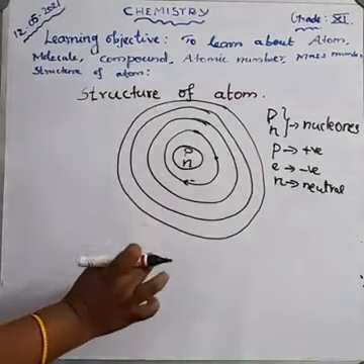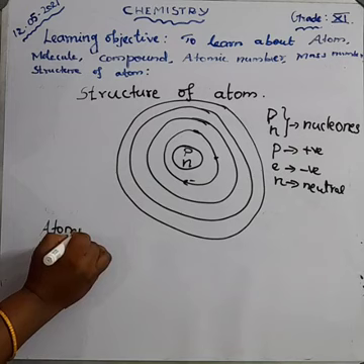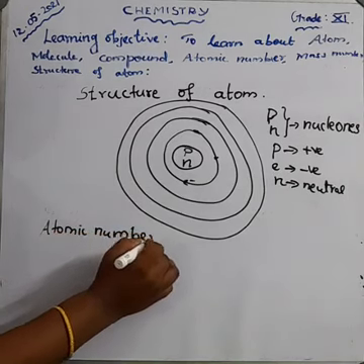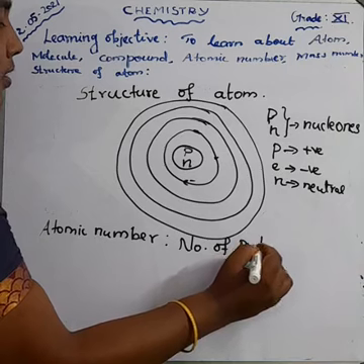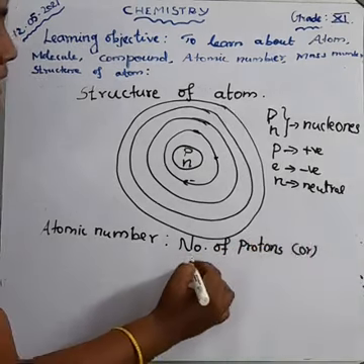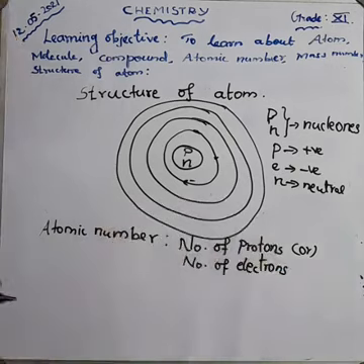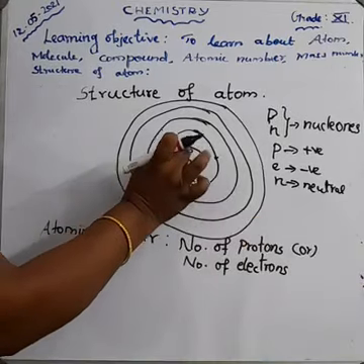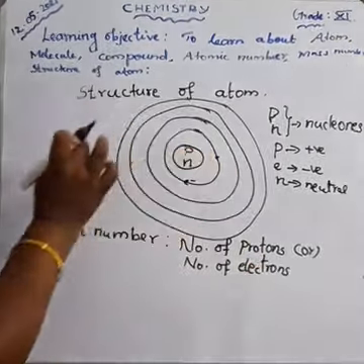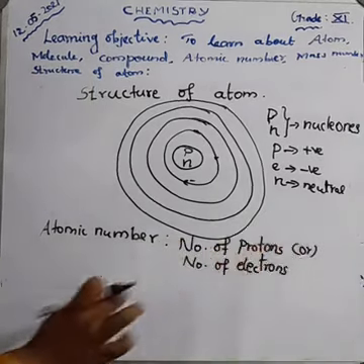The number of protons and the number of electrons are the same in an atom. So that is called atomic number.